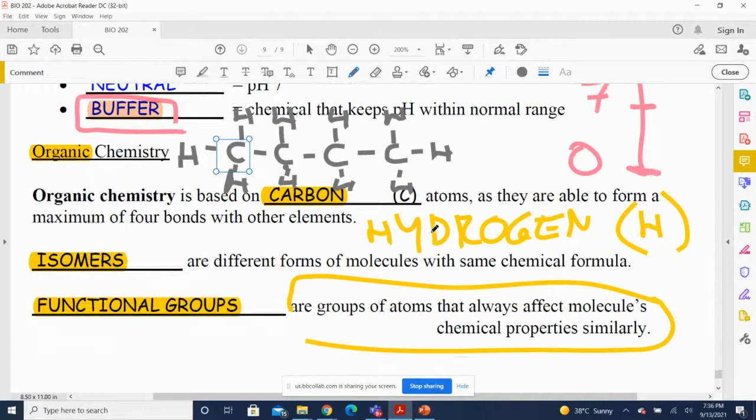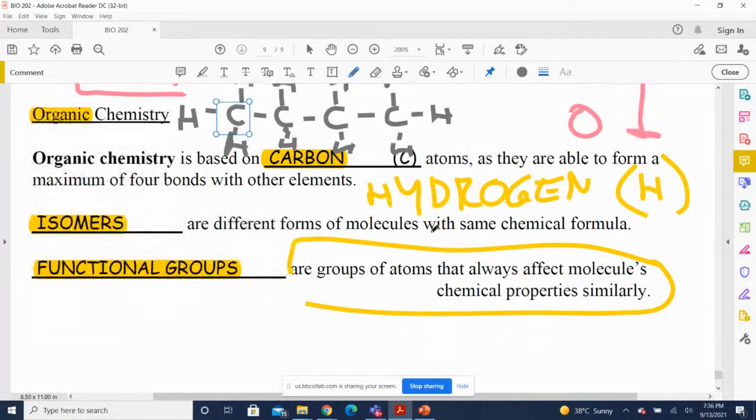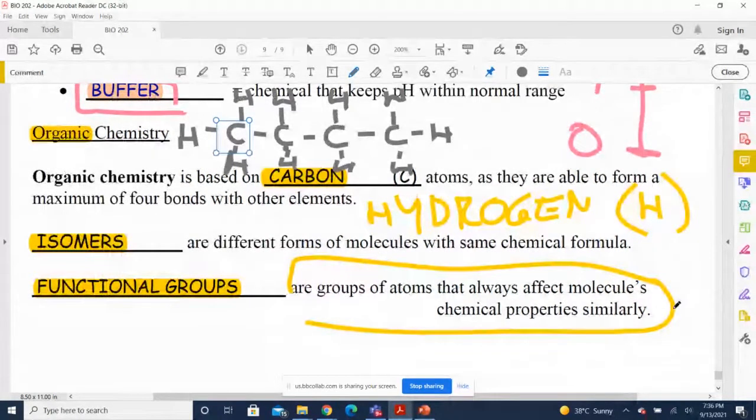Well, we can take all the same combination of stuff that we saw here, and we can arrange it in another way. We still have 4 carbons, and then we can add our hydrogens to this molecule.